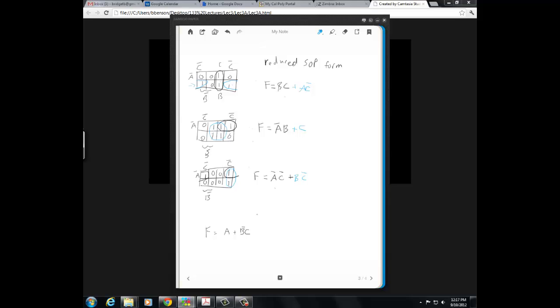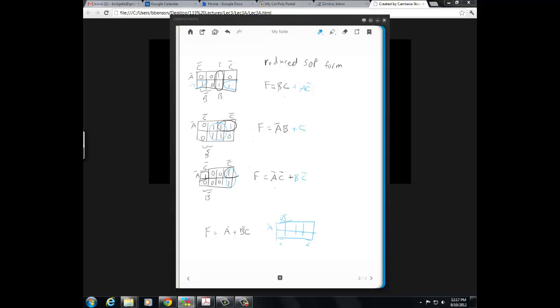Now if you go the other way around and you want to enter this into a K-map, alright, so remember this is our A0, B0. Let's cross those two, and C0 is here and here.